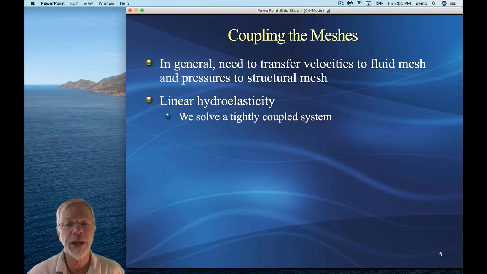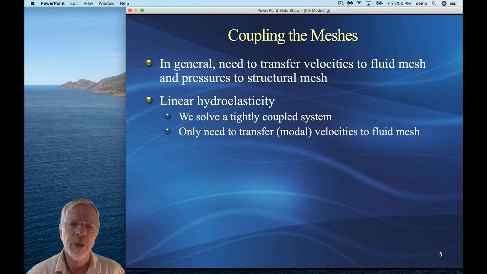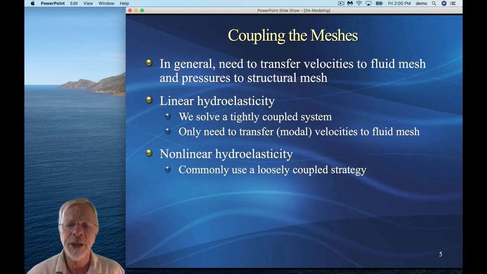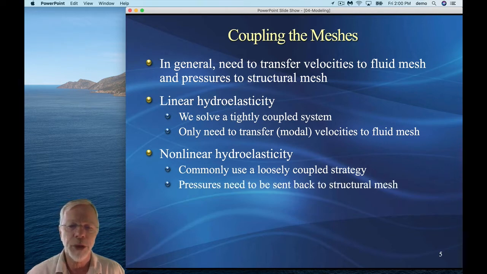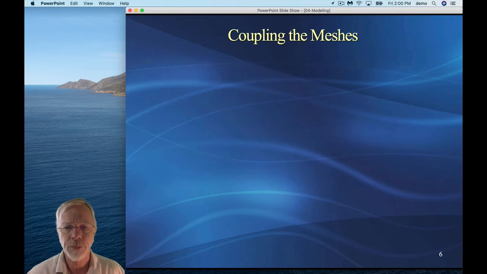However, in linear hydroelasticity we solve a tightly coupled system, and in practice we really only need to transfer the modal velocities to the fluid mesh. However, in nonlinear hydroelasticity typically one uses a loosely coupled strategy, and there we do need to also send back the pressures to the structural mesh.